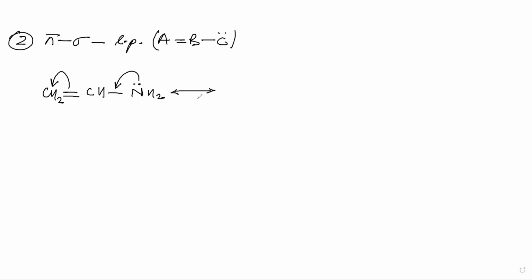We'll make the resonating structure symbol with a double-headed arrow, and we will give a negative charge here because the carbon is getting electrons. This will become a single bond because the pi bond has now been broken. This will be CH, and this will be a double bond, and this will be NH2.